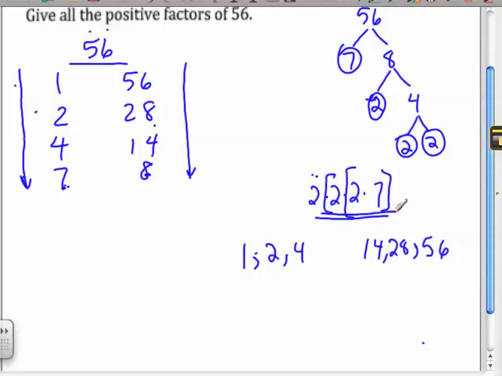Does 7 go into it? Yeah, 7 goes into it. Okay. 7 times what? 7 times 8. Okay. And that's it. So, either way, I think the one on the left is easier to come up with all the numbers that go into it. But this one works too. Okay. All right. Good job, guys, and I'll see you at the next example.